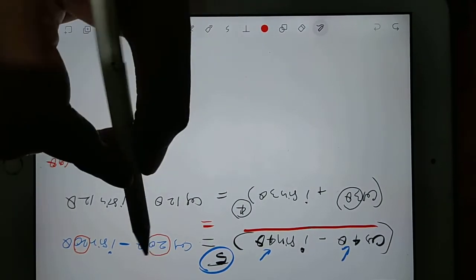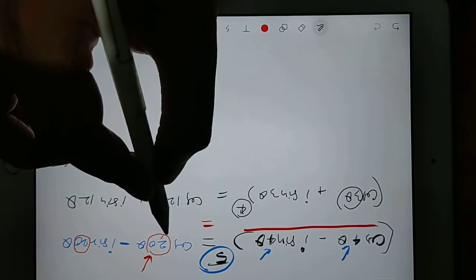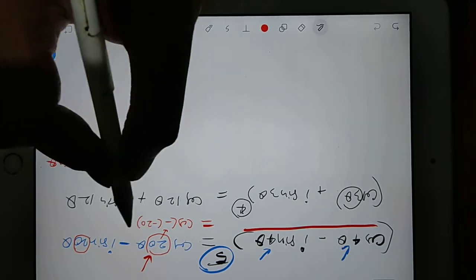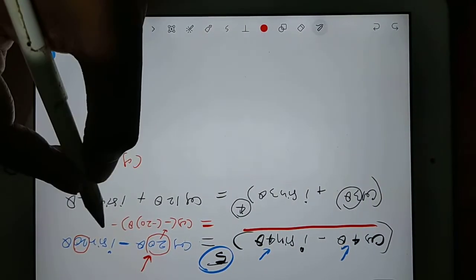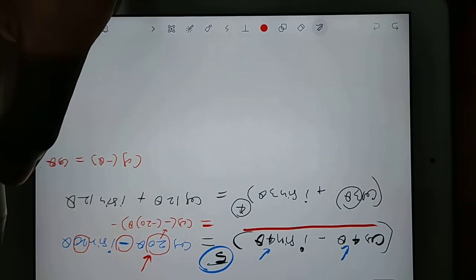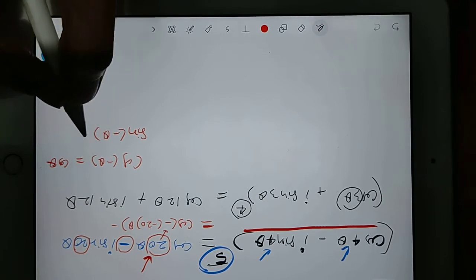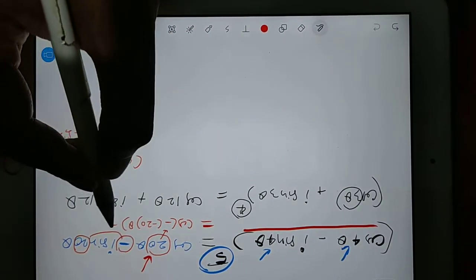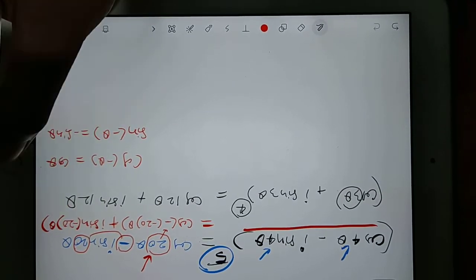So this minus 20 is there now, and this total part I can write as cos minus 20 theta. The minus sign is already there, and the concept is that minus sine minus theta is minus sine theta, so this minus sign I will send inside. So it will be plus i sine minus 20 theta.